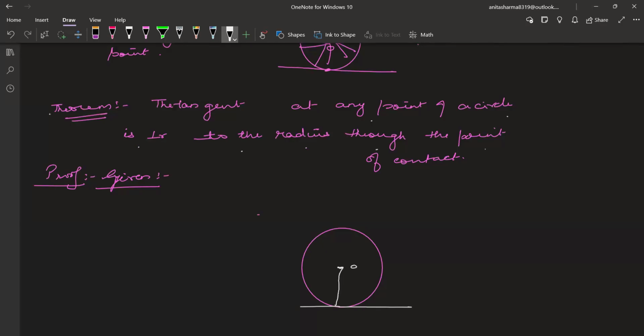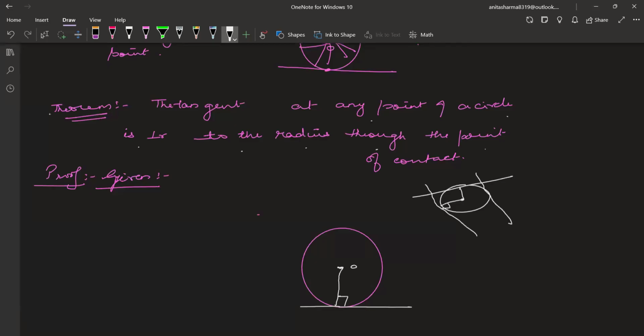Ma'am, I have a doubt in this theorem. Any line, like if you draw a radius to any line, the shortest one will be the perpendicular.